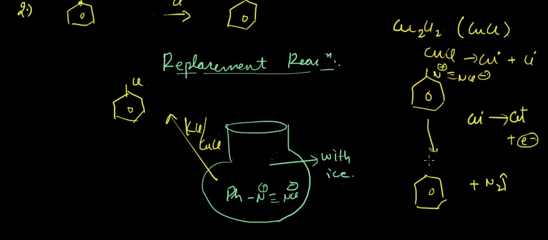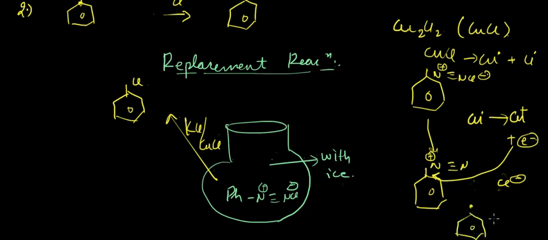Now this nitrogen gas will get released from this mixture, and this electron will get attached to the phenyl ring and form a phenyl free radical, with the release of N2 gas, and Cl minus would be there in the mixture.